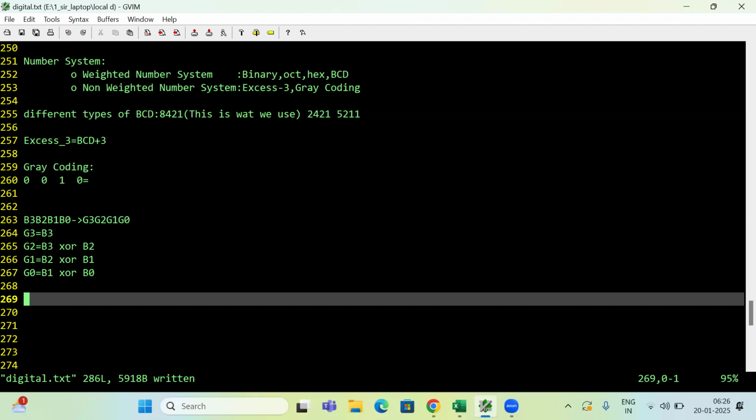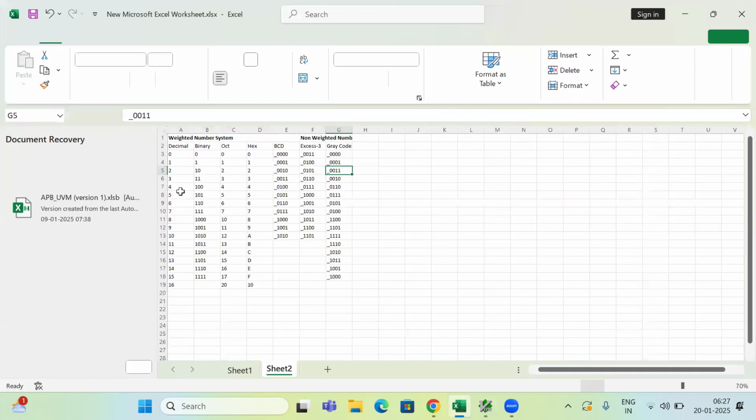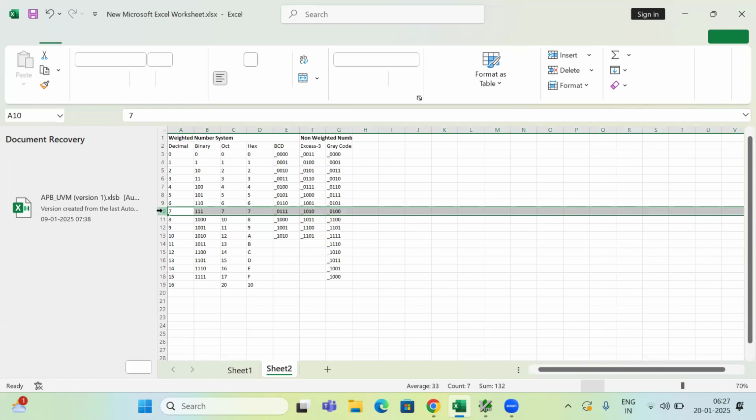What is the value here you have written? For 7, I asked you, right? What is the value in your table? Did I ask the equivalent of 7? What is the value we have?